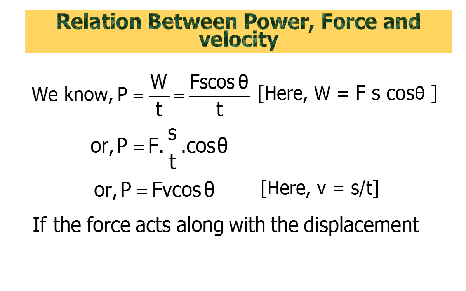And if the force acts along the displacement, then the angle between force and displacement will be 0, and we know cos 0 equals 1. So if we put the value of cos 0 as 1 in the equation, then the formula of power will be P equals Fv. That is the relation between power, force and velocity.